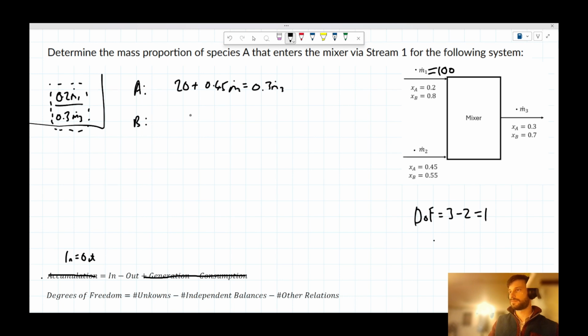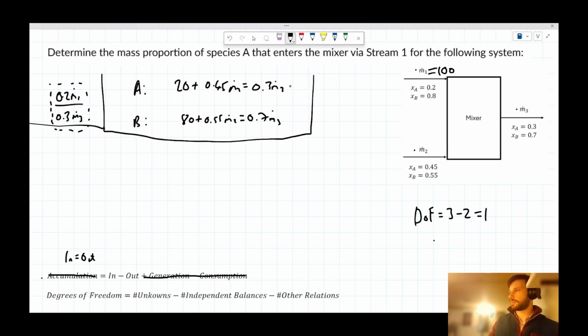For B, we can say that 80 plus 0.55 M2 is equal to 0.7 M3. Now, evidently, this is just a system of linear equations here. One way we can solve for M2 and M3 is using the elimination method, which I'm going to trust you guys are familiar with already.